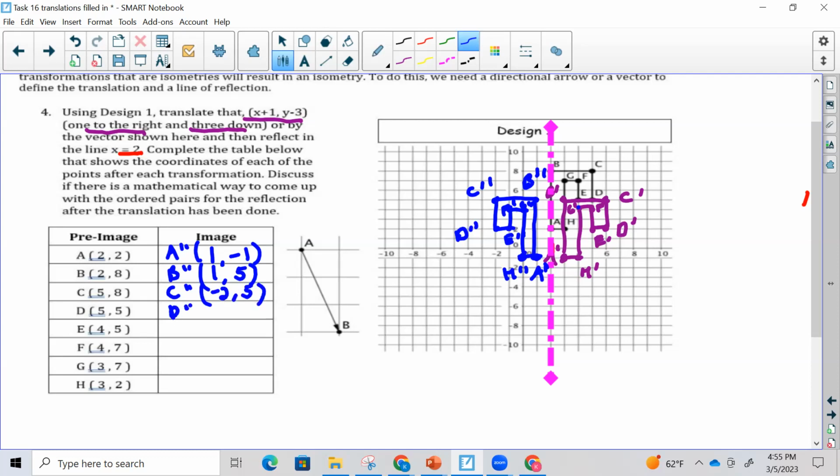My new D is at -2, 2. My new E, which is here, is at -1, 2. My F, which is here, is -1, 4.